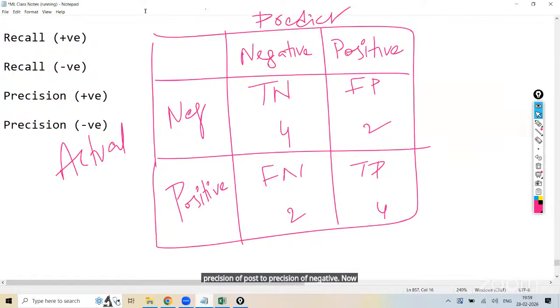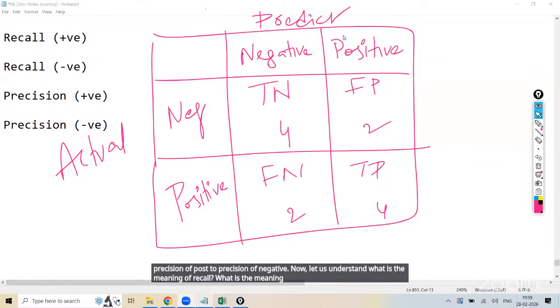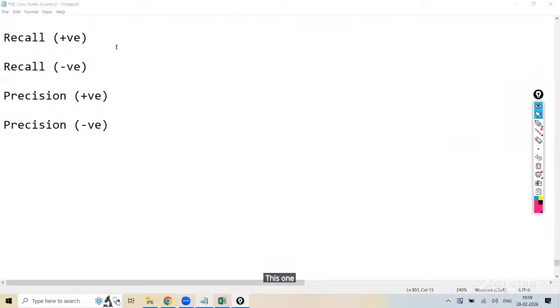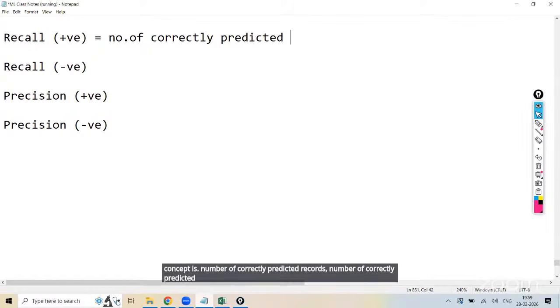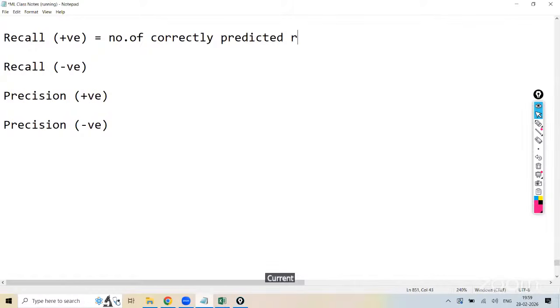Now let us understand what is the meaning of recall. Don't memorize the formulas. I'm explaining the concept, no formula. The concept is the number of correctly predicted records. Correctly predicted positive: how many correctly predicted positive within the total number of positives?